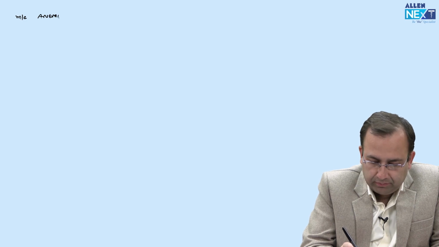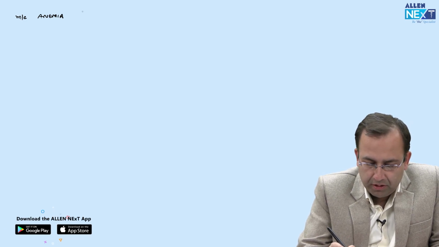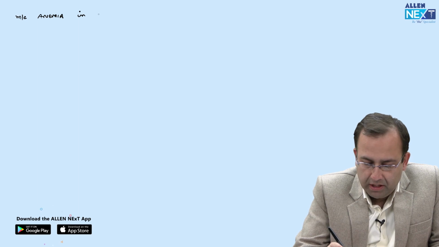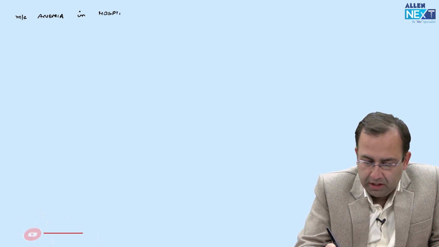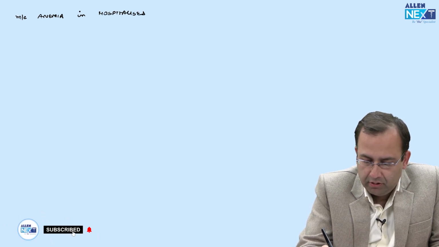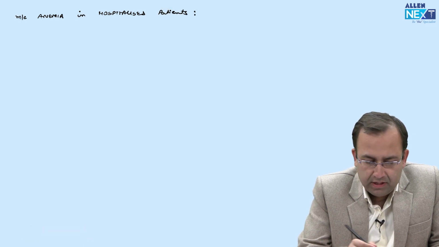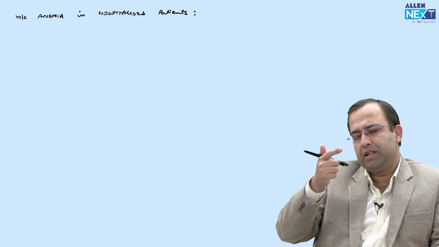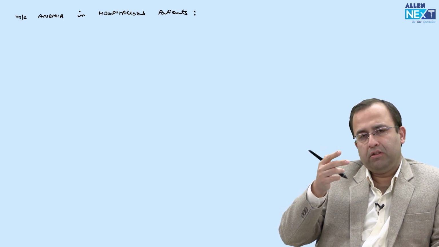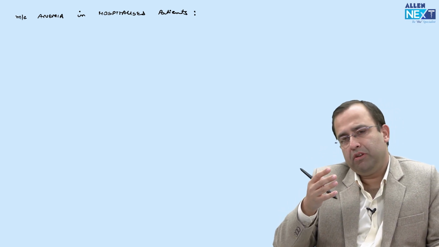Next question. Most common cause of anemia in hospitalized patients. Answer, kids. Can I now safely say your options are iron deficiency anemia, thalassemia, aplastic anemia, or anemia of chronic disease?